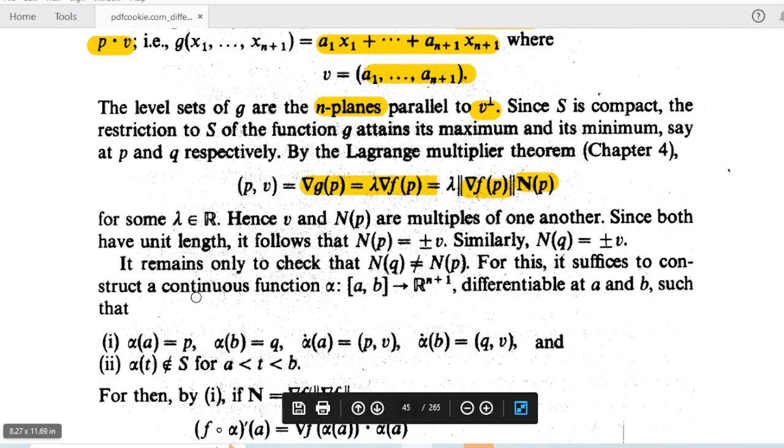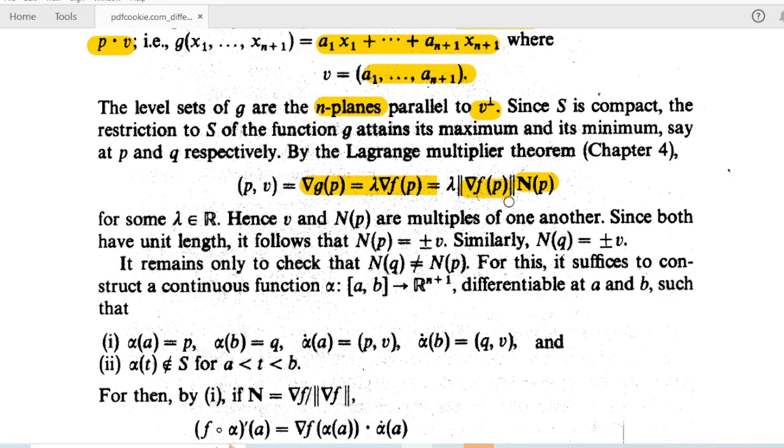So here we are getting (P, V) is equal to lambda into the norm of nabla F of P into n bar of P. This n bar of P is always (P, n of P).